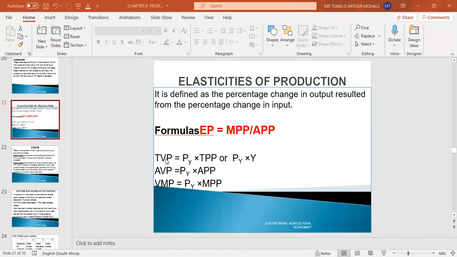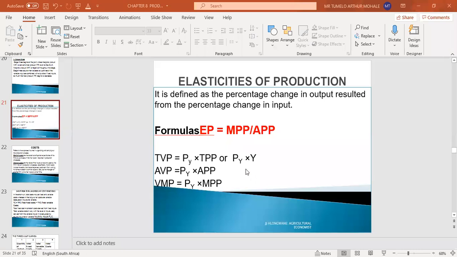So I said we have three of them: the TVP, the AVP, and the MVP, or the VMP. The TVP is the total variable product. AVP is the average variable product. And VMP or MVP is the marginal variable product.